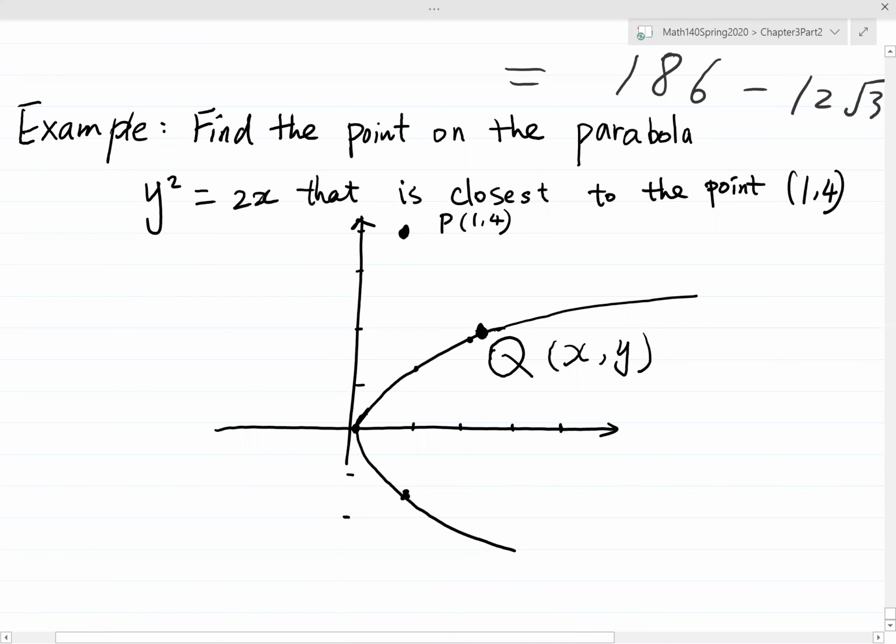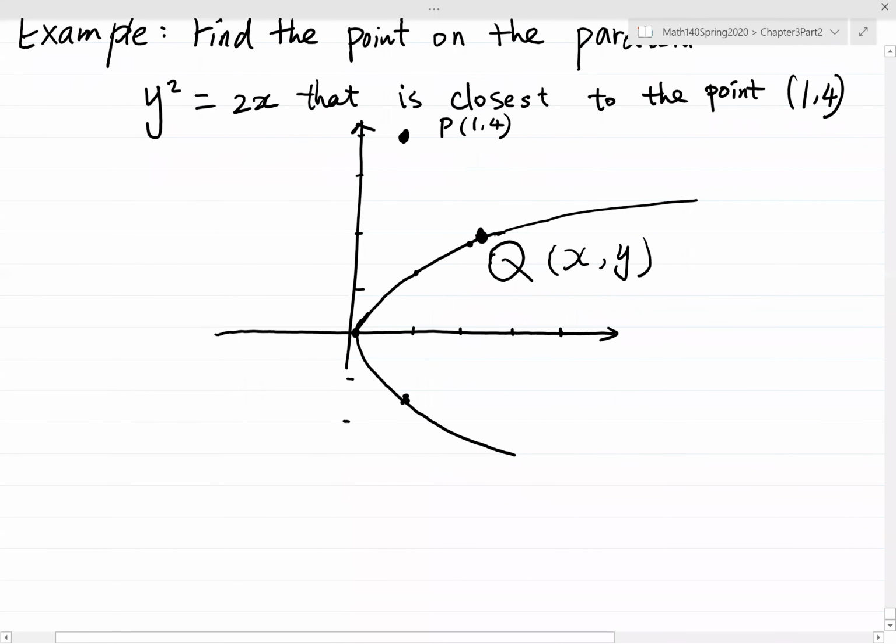If we know the coordinates of two points, then we can use the distance formula to find the distance PQ.